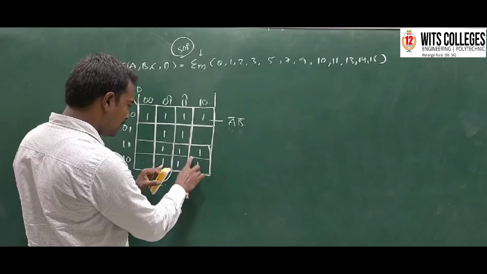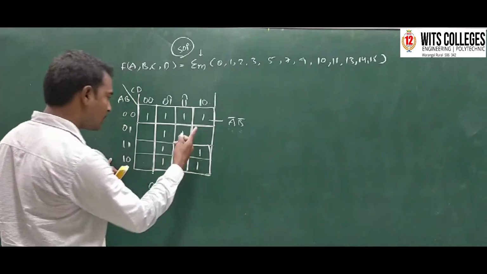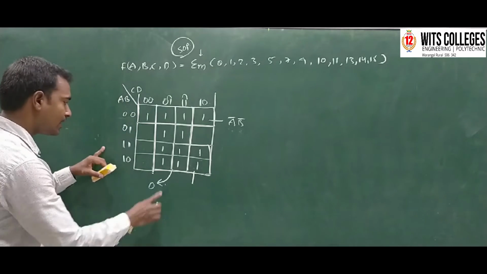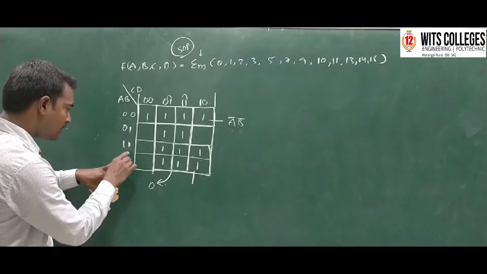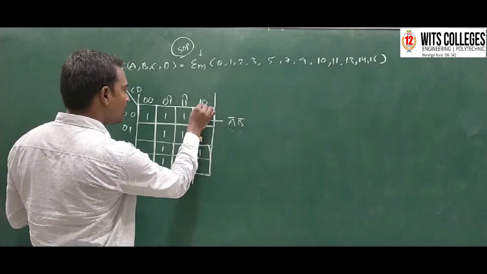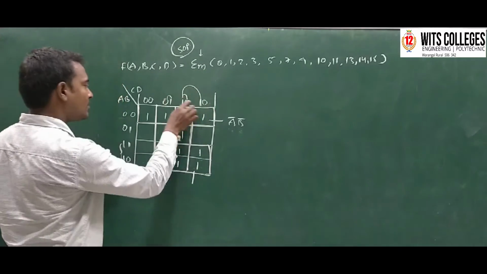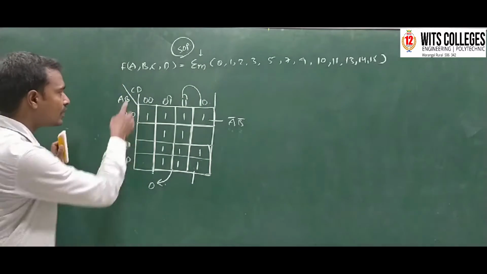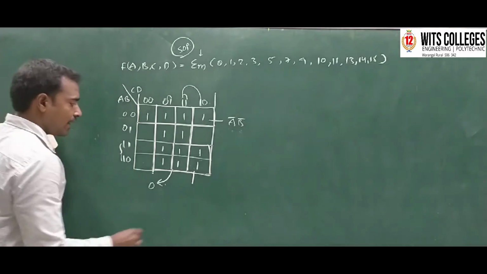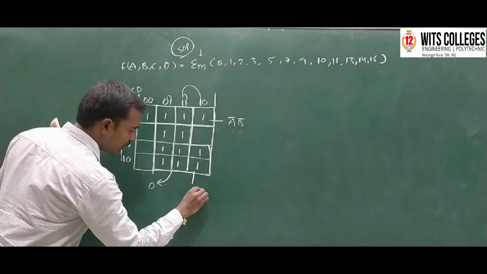And for four variables we will get only two variables. Here 11 and 10, here 1 is common, and on this side 11 and 10, here also 1 is common. The 1 represents the position of C and here 1 represents the position of A. So we can write A into C.